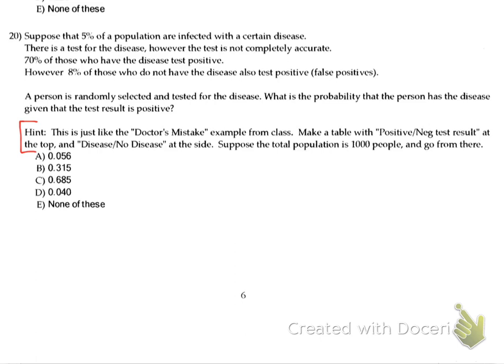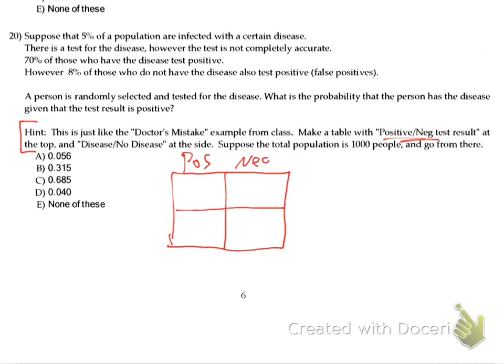So let's start with a table. Put positive, negative at the top, and disease, no disease on the side.